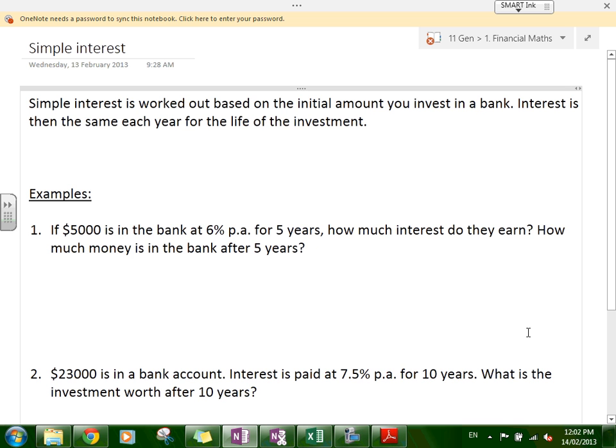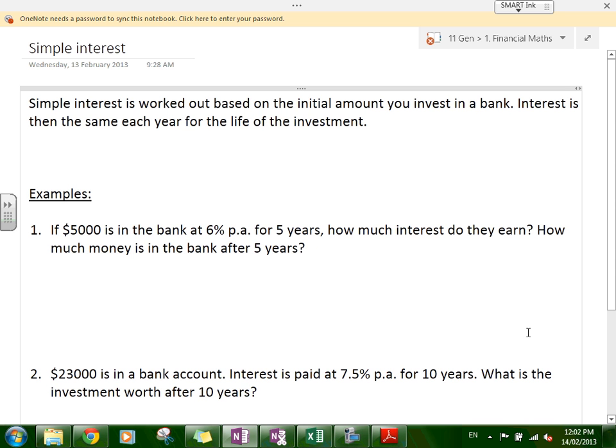So if $5,000 is in the bank at 6% per annum for 5 years, how much interest do they earn? How much money is in the bank after 5 years? Right, so we just need to work out how much interest they receive each year, and then multiply it by how many years there are.